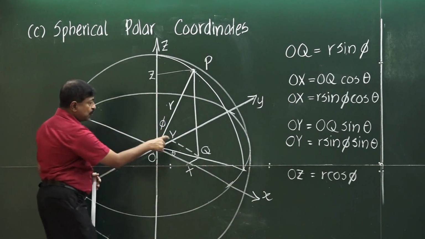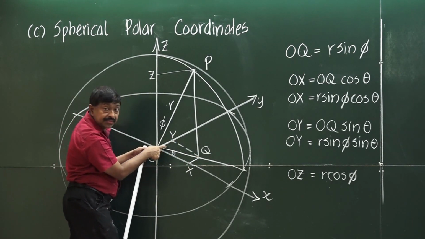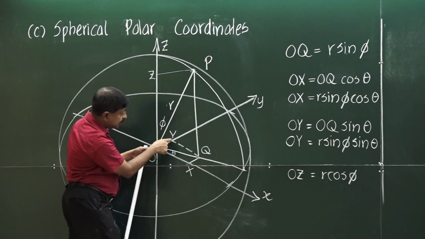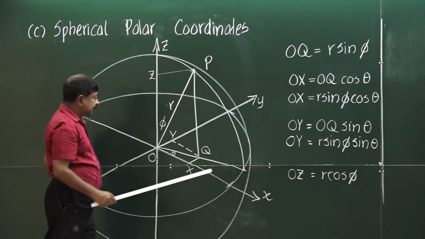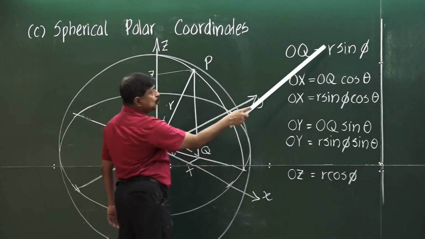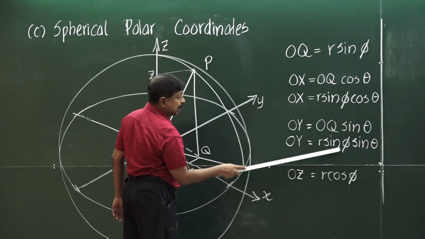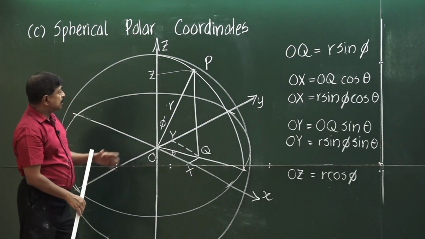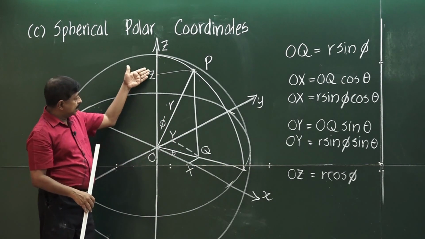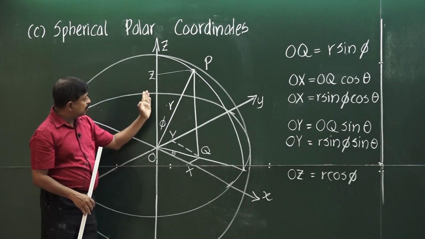And then OY, again you project it onto this one, this angle is 90 minus theta, therefore, this is OQ sin theta. OY is OQ sin theta. Again you plug in the expression we obtained for OQ, then you will end up with this one. And it is a piece of cake to find OZ. It is simply this, since this angle is phi, this is R cos phi.